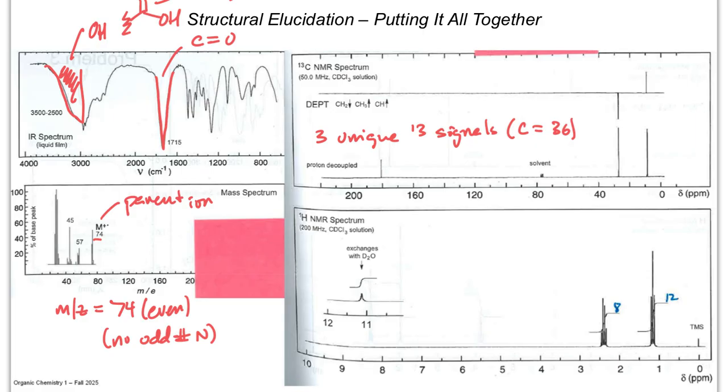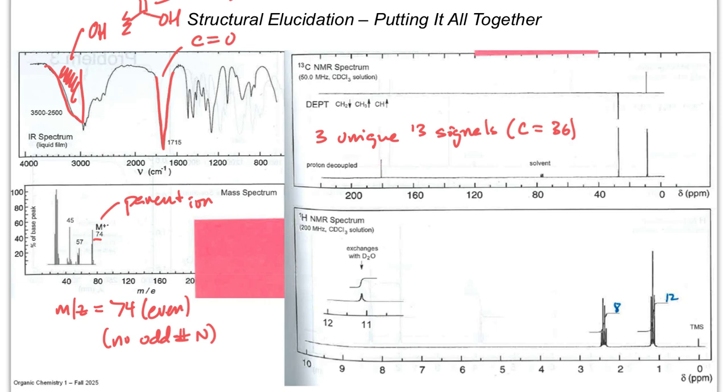When we look at the 3, we have 1, 2, 3. Now, we already know that there is a carbon due to the carboxylic acid, and that's sp2 hybridized.